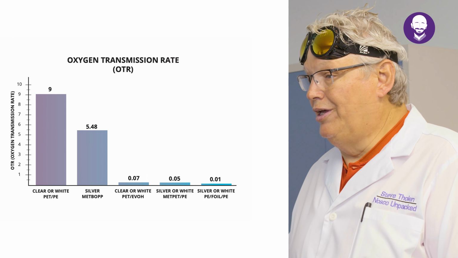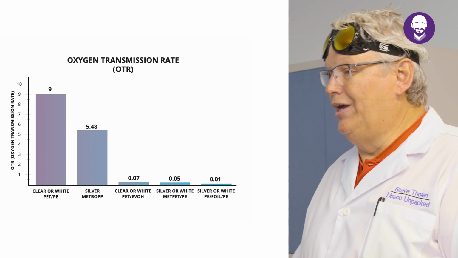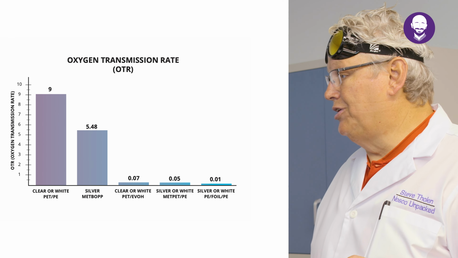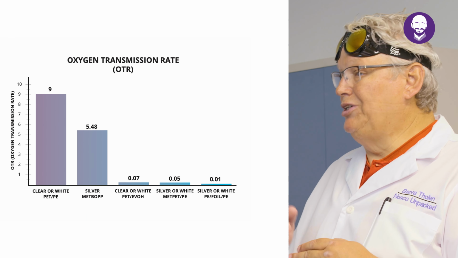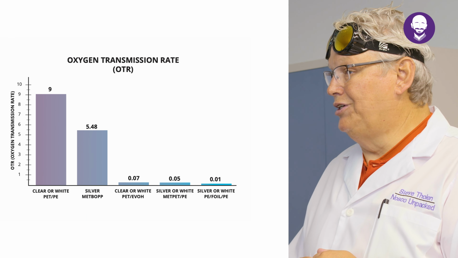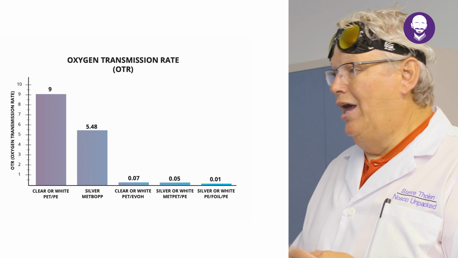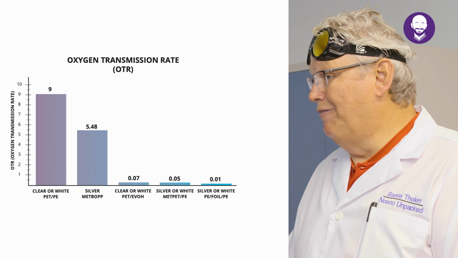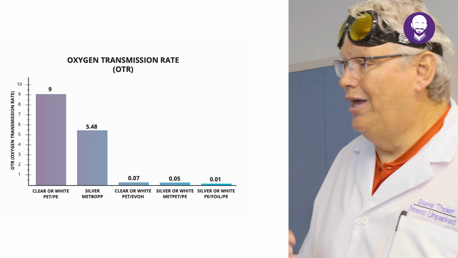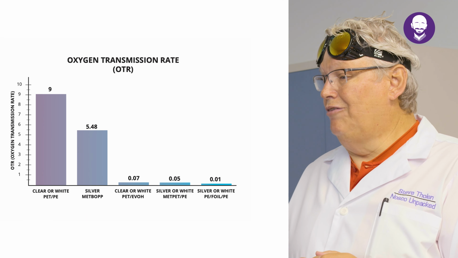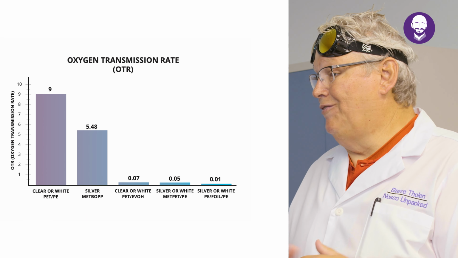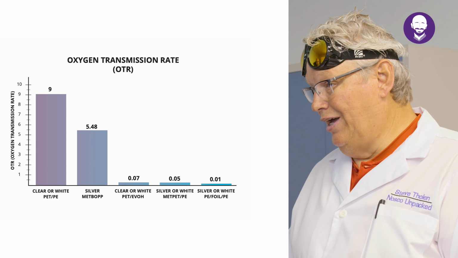Then we get into the materials that provide real oxygen barrier. The first one on the list is the clear white polyester with the EVOH. Okay, that gives you a much higher level of oxygen barrier protection at an OTR of 0.07, hardly any. And then the next step is the silver or white metallized polyester with a polyethylene sealant layer.